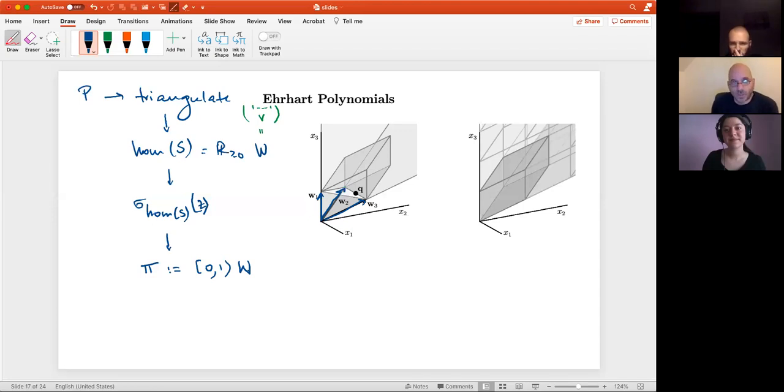And the reason why this is interesting is something you can see over here. With this parallelepiped, I can now tile my cone. What I'm interested in is this cone, correct? And I'm interested in the integer point structure of this cone.